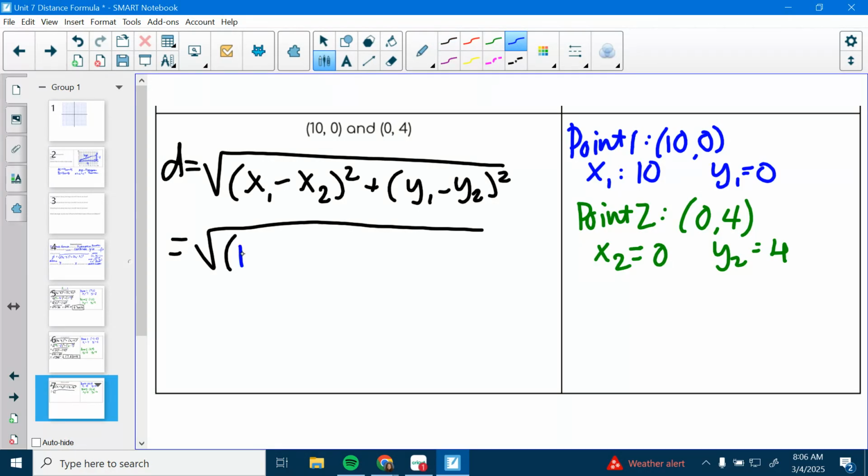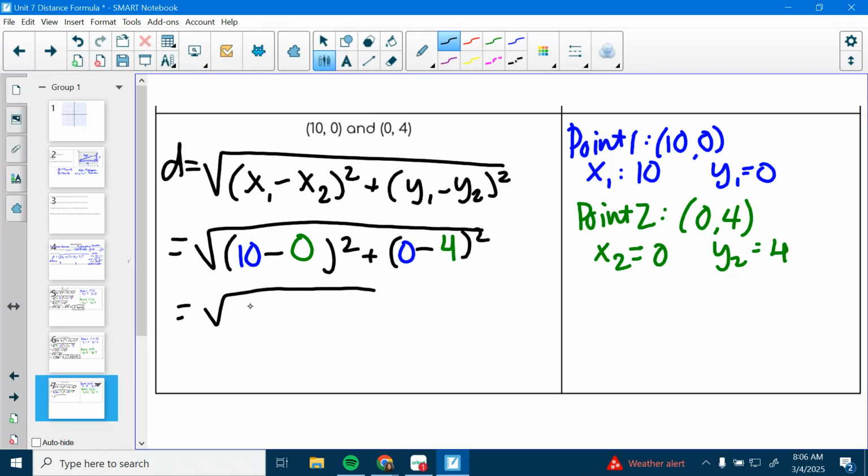So my x1 is 10 minus my x2, which is 0, squared plus my y1 is 0, minus my y2, which is 4, and then I simplify. 10 minus 0 is 10, so 10 squared, plus 0 minus 4 is -4 squared. 10 times 10 is 100. -4 squared is going to be positive 16.